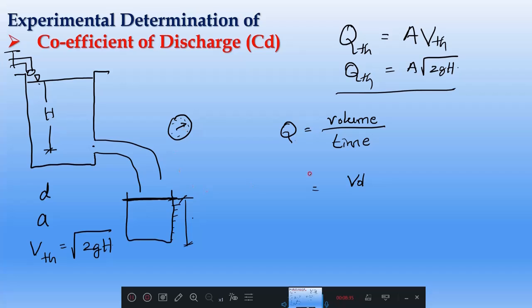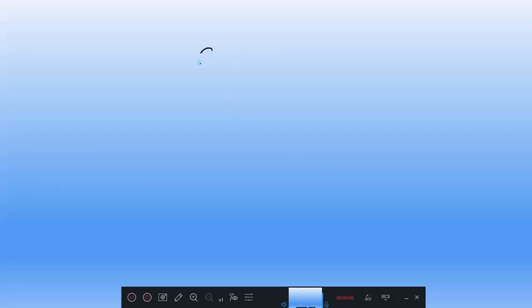Then I will know the time required to fill this container, or the time required to get this much volume of liquid. Then you will get Q actual. You write the volume in meter cube and the time in seconds, then you get Q actual.